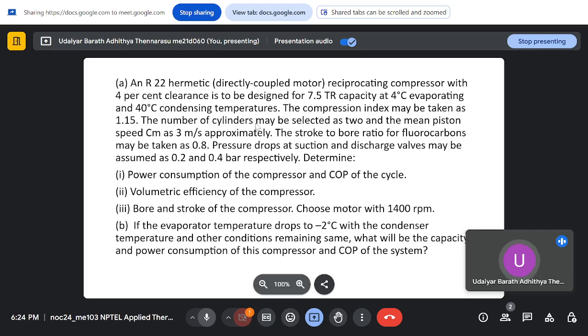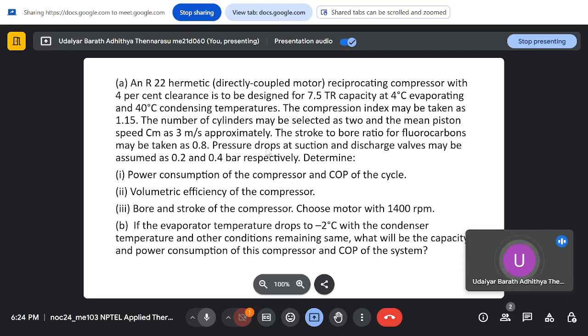The number of cylinders may be selected as 2, and the mean piston speed as 3 meters per second approximately. The stroke to bore ratio for fluorocarbons may be taken as 0.8. Pressure drops at suction and discharge valves may be assumed as 0.2 and 0.4 bar respectively. Determine 1. Power consumption of the compressor and COP of the cycle.